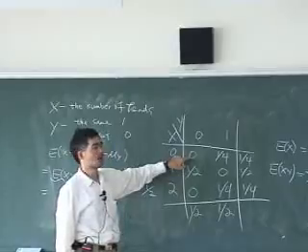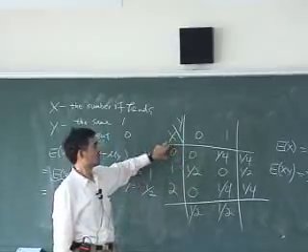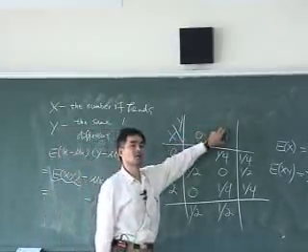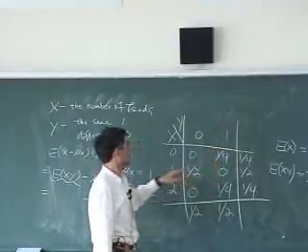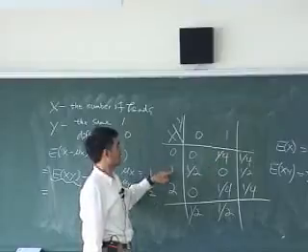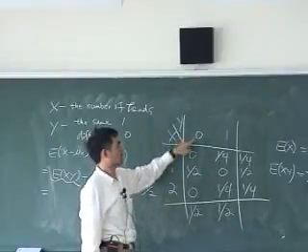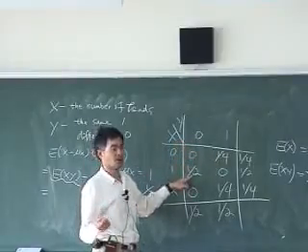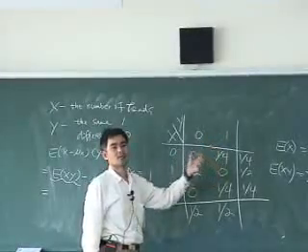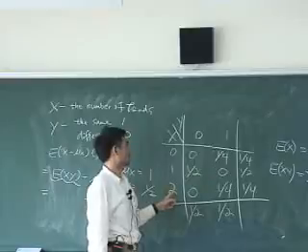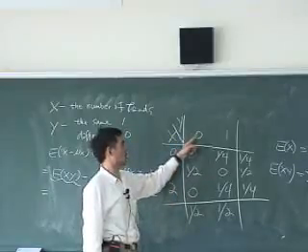This is the first part. What about the second part? 0 times 1 times 1/4, you still get 0. What about this one? 1 times 0 times this one, you get 0. 1 times 1 times 0, you get 0. What about 2 times 0 times 0?